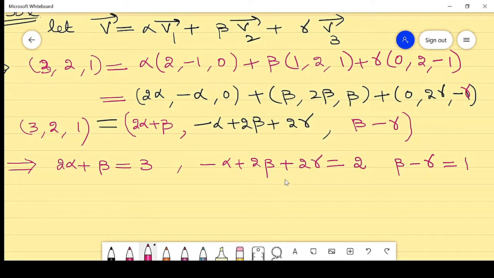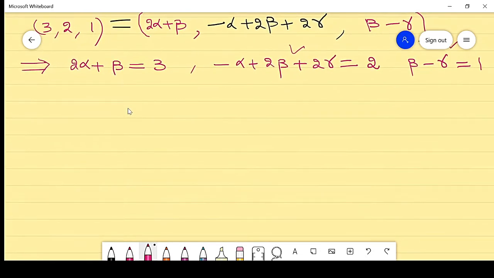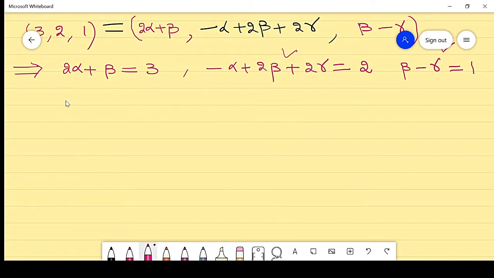Now from this equation and this equation, we can eliminate gamma and get a relation between alpha and beta. Solving those two equations, we get the value of alpha and beta. So equation 1 is 2 alpha plus beta equal to 3.